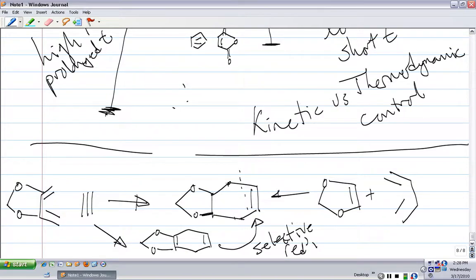But if you look at it carefully, the method on the right has a drawback, which is my diene is not activated. My dienophile has electron releasing groups on it, 2 of them. And not just any old electron releasing groups, but they are electron releasing by resonance, which means I have basically sabotaged this dienophile.